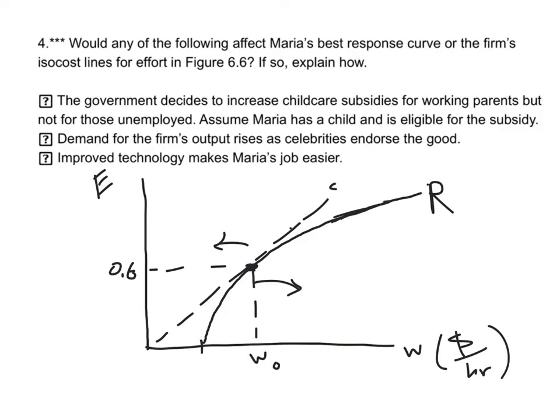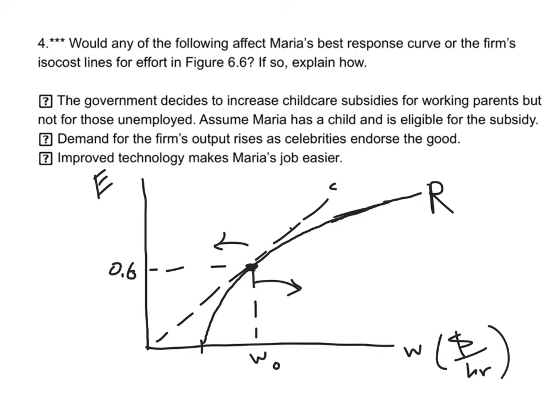So then these events ask us, well, what's going to happen in this context, or is anything going to happen in this context? So the government decides to increase child care subsidies for working parents, but not for those unemployed. Assume Maria has a child and is eligible for the subsidy. Well, now the benefits from working, quite apart from the wages, go up, and that means that Maria is going to value her chance to work more.